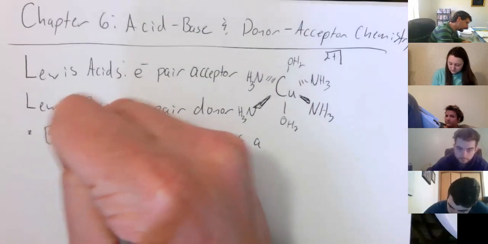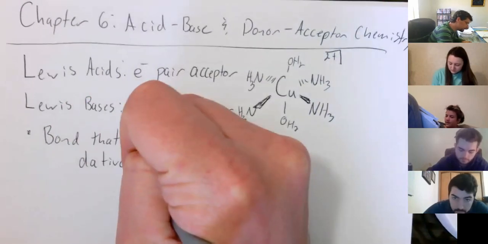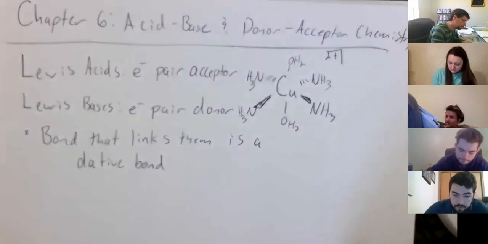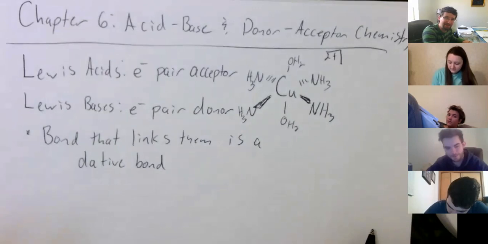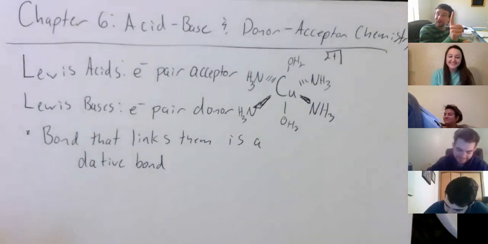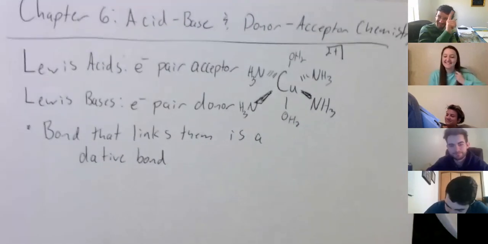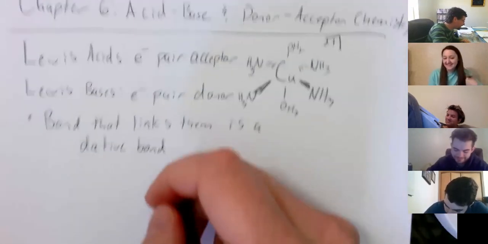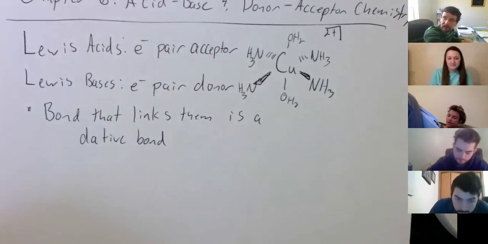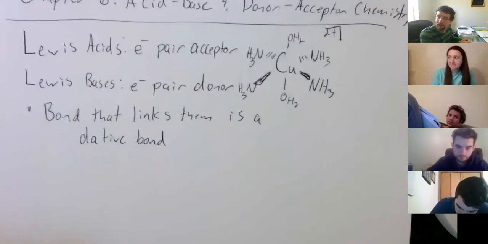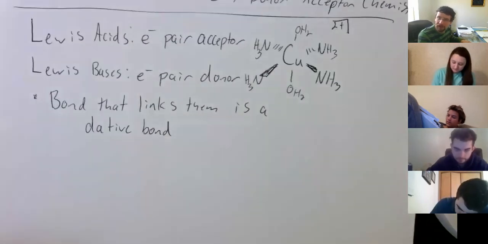A dative bond. I feel like we learn this every class of chemistry. It's a really important topic. In organic, I still don't really know it. Don't worry, we'll get that. I truly didn't understand it until my inorganic class. For organic I memorized everything.